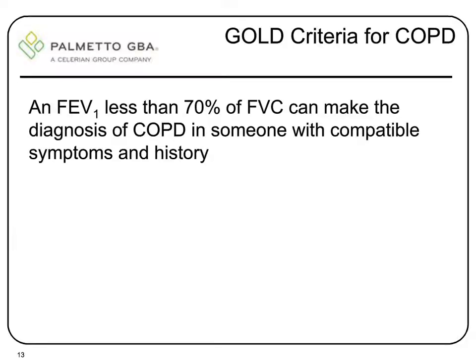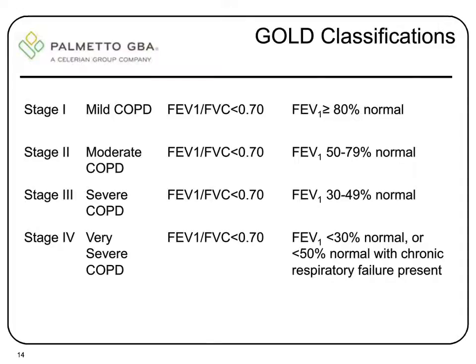An FEV1 less than 70% of FVC can make the diagnosis of COPD in someone with compatible symptoms and history. This chart represents the GOLD classifications from stage 1, mild COPD, through stage 4, very severe COPD.